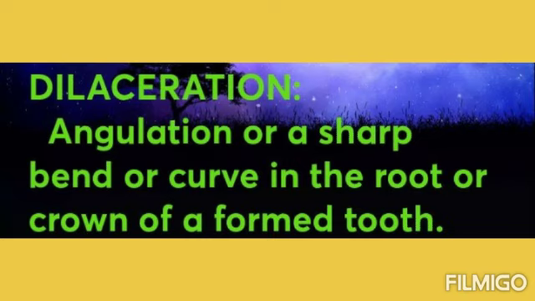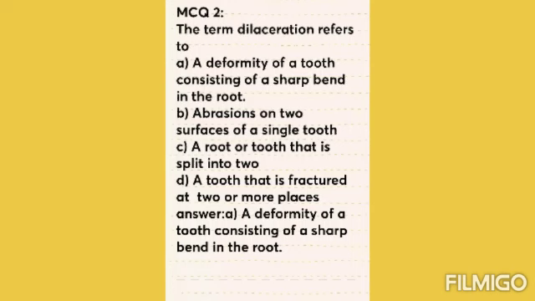So here what is dilaceration? It is an angulation or a sharp bend or curve in the root or crown of a formed tooth. So the answer is option A, deformity of a tooth consisting of a sharp bend in the root. So there is a bend in the root in dilaceration.